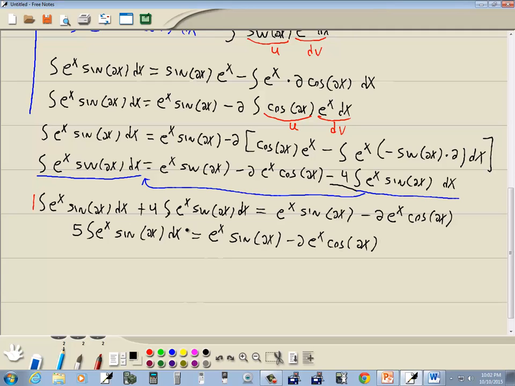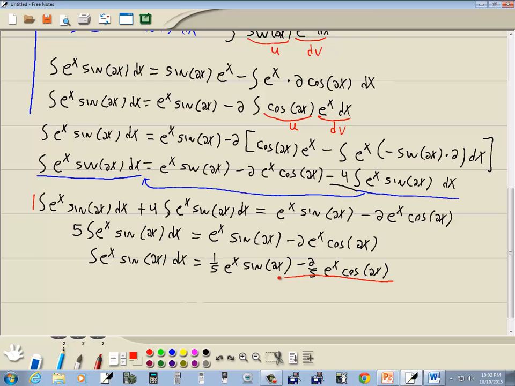So we have written everything down correctly. Now we're trying to get this integration by itself here, so I'll divide everything by 5. So the integral of e to the x sine 2x dx is going to equal 1/5 e to the x sine 2x minus 2/5 e to the x cosine 2x.